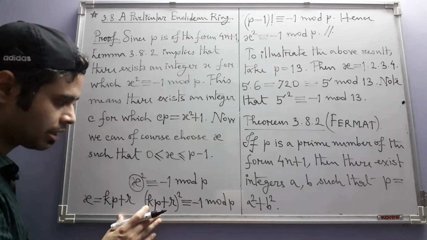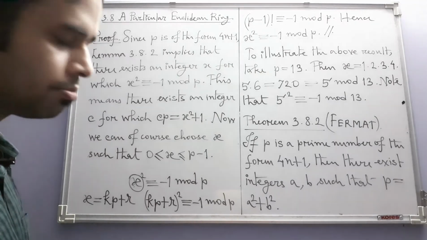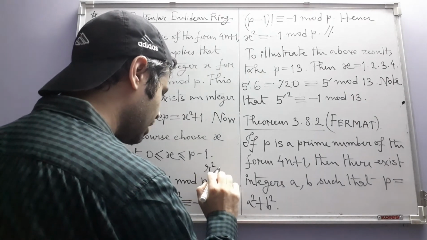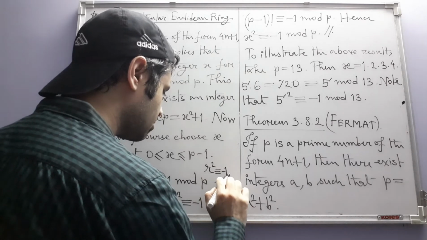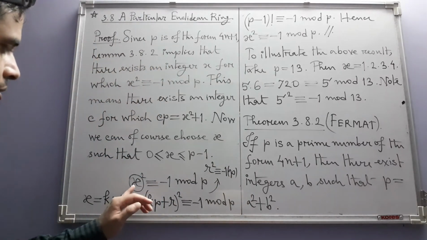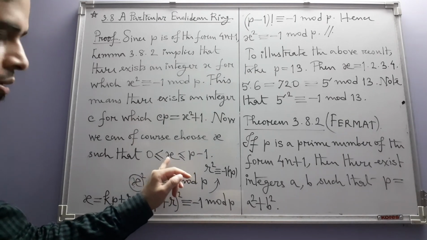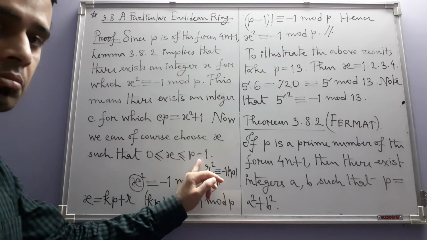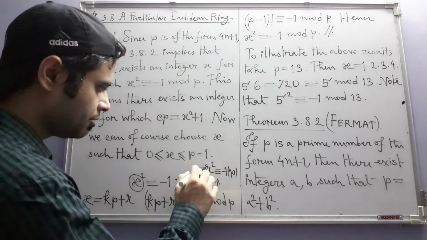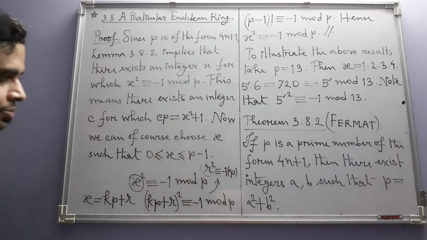Those first two terms can be removed because they are congruent to 0 modulo p. So you will be left with r square congruent to minus 1 mod p. And that's why always you can use an integer that lies between 0 and p minus 1. That is because the remainder satisfies these inequalities.